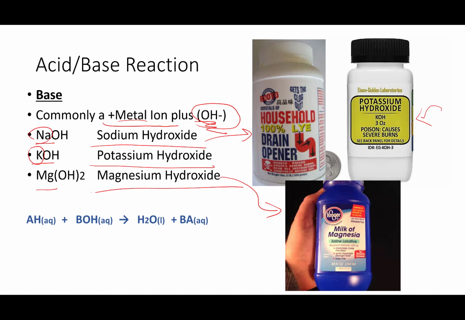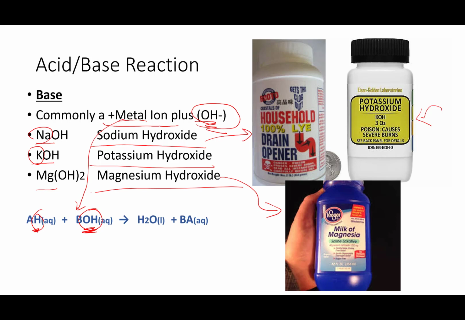So in that acid-base reaction, when we look at our base, it's going to contain that metal, and it's going to contain that OH. So this is another clue or hint that we may have an acid-base reaction. That acid with a hydrogen, that base with an OH. And why is that H and that OH so important?